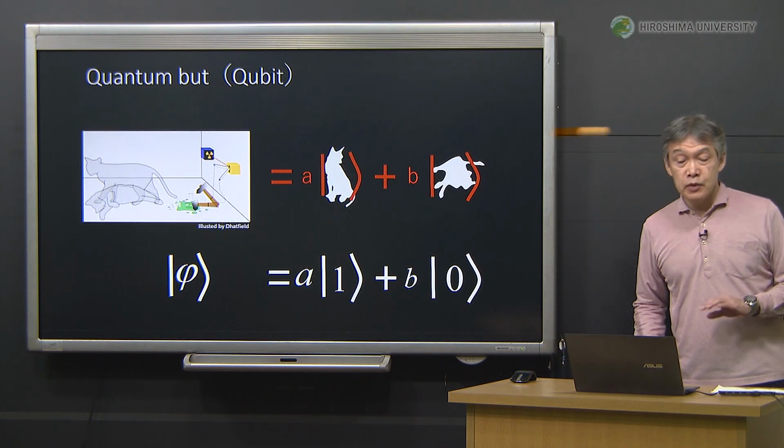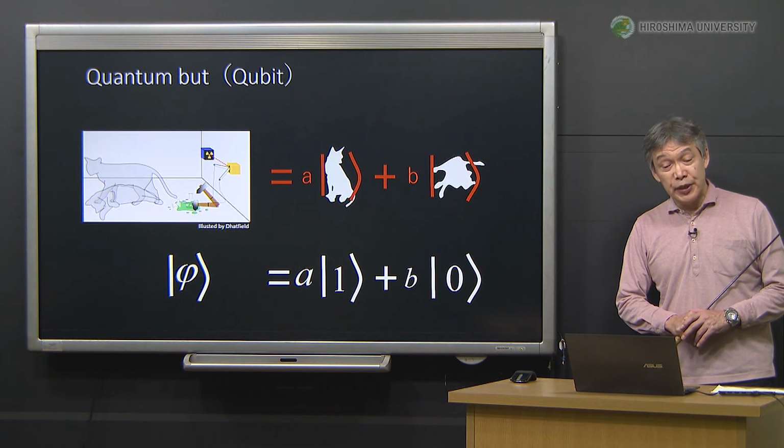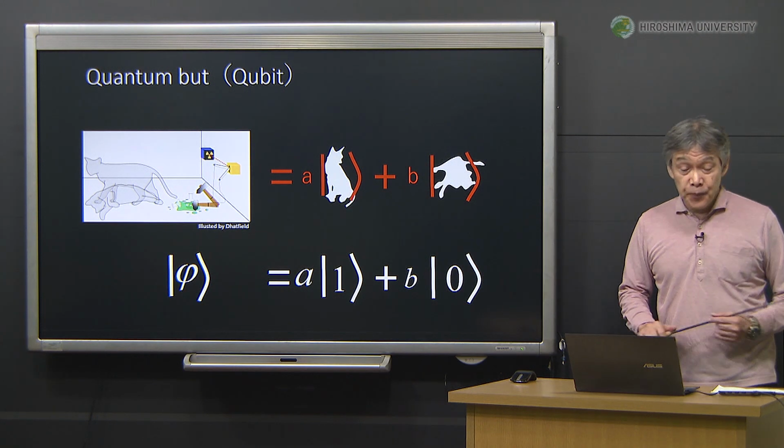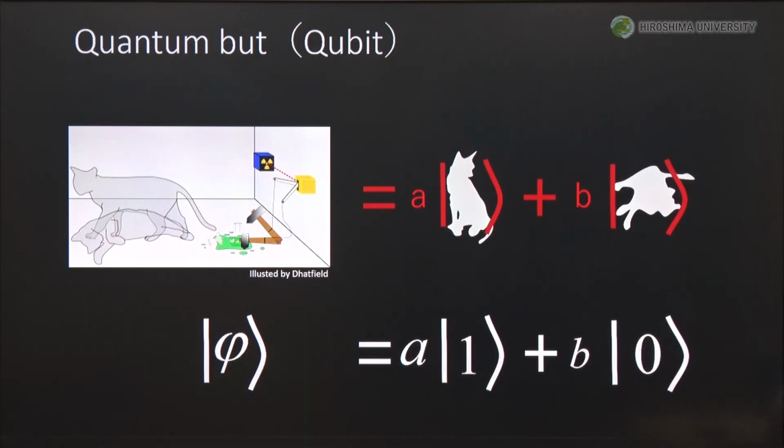Okay, so let's move to the so-called quantum bit, or qubit. This is a picture that stands for the so-called Schrodinger's cat. Let me try again to introduce this picture. Suppose that a cat is inside a room.